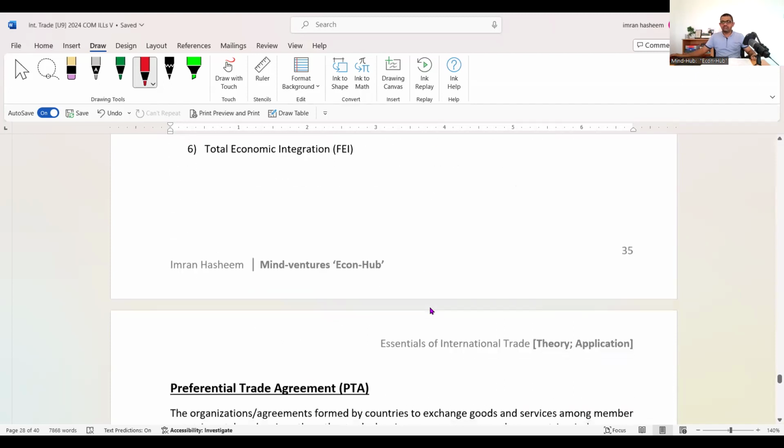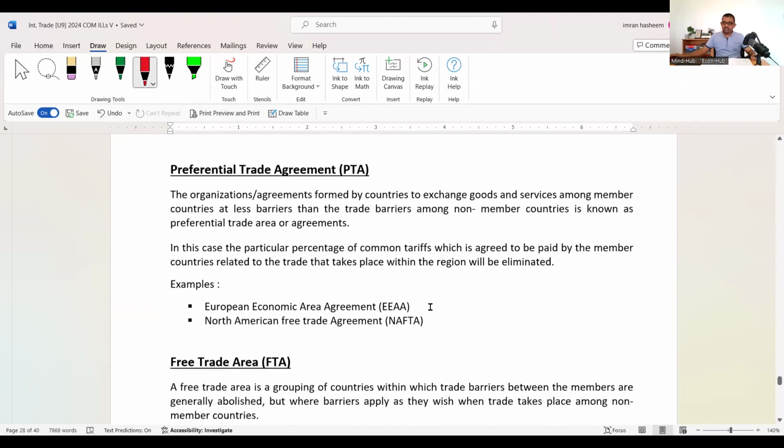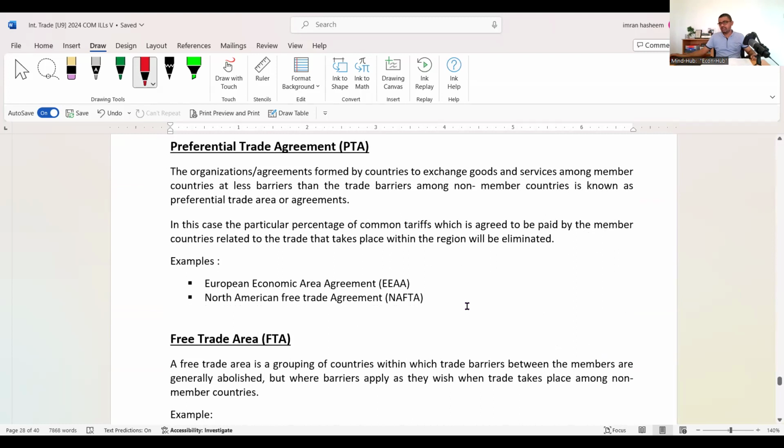Okay, let's go through the different concepts. So preferential trade area or agreement, basically, agreement where countries can have an understanding between them, right? Among the two countries, they engage in trade for certain selected items or most goods without any tariff barriers between them.